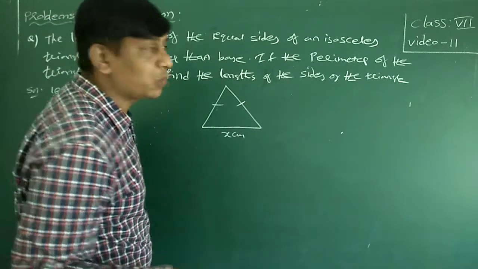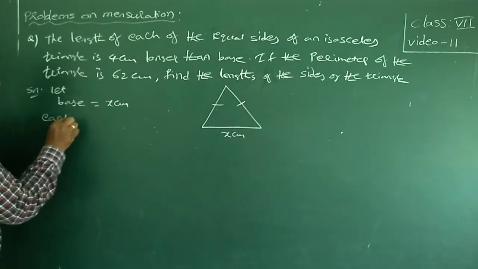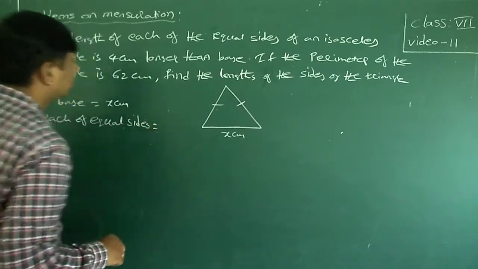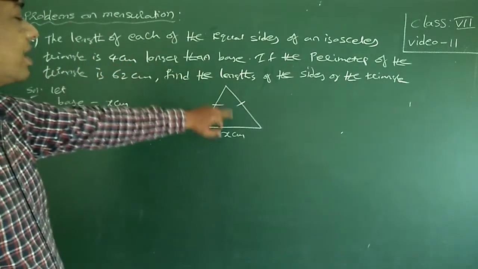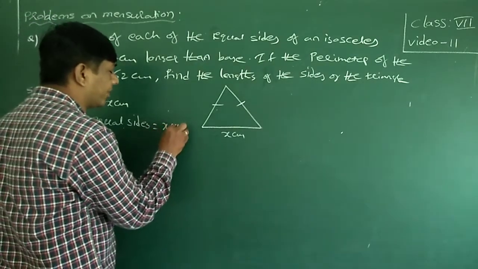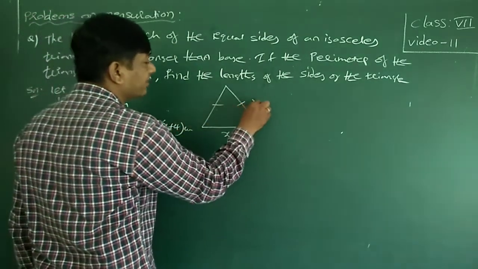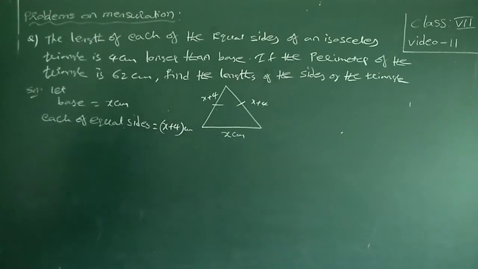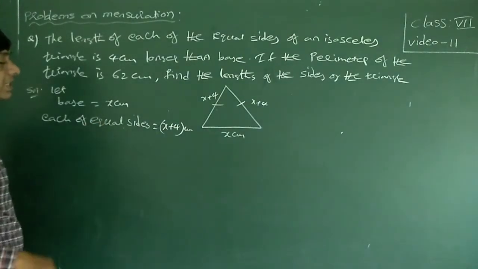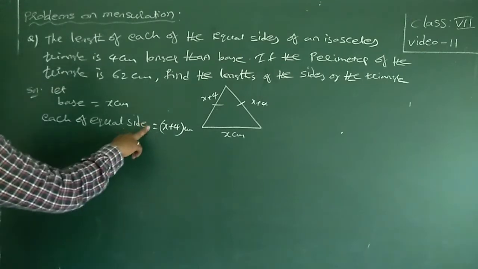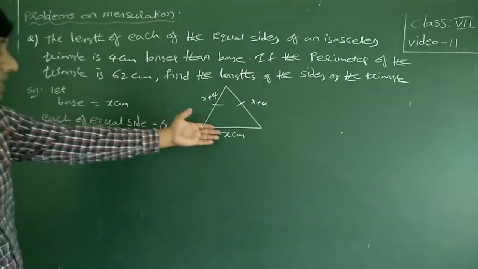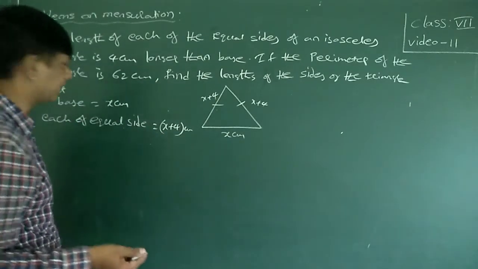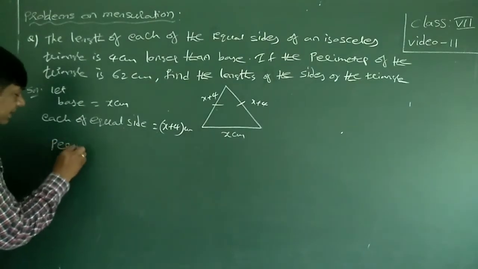Each of the equal sides is 4 centimeters longer than the base, means x plus 4. So this is x plus 4, and this is also x plus 4. Longer means increase; shorter means subtract.